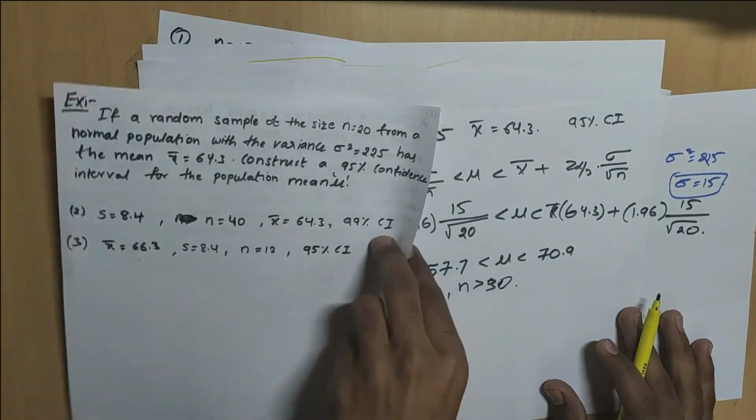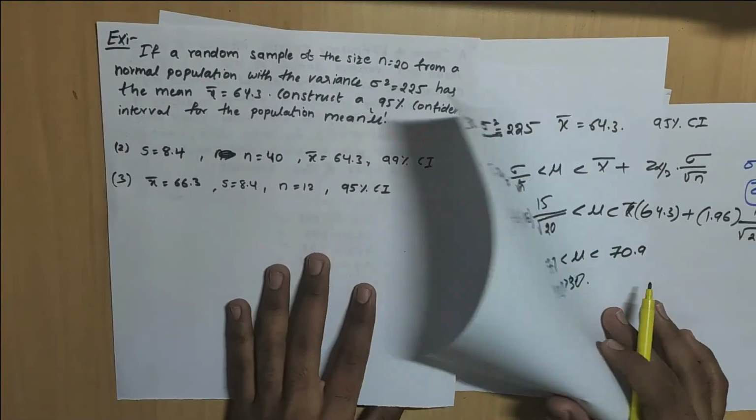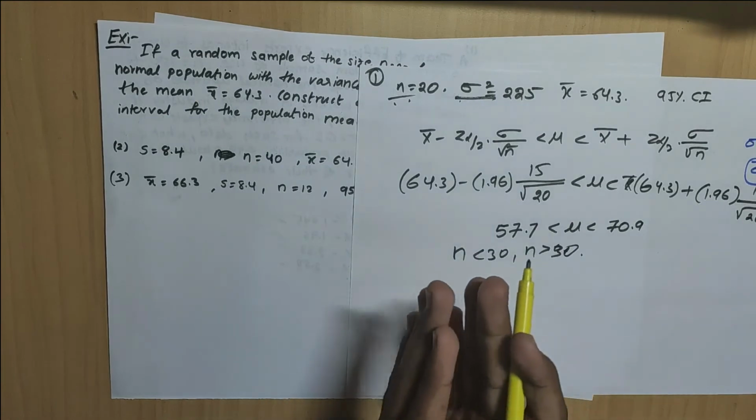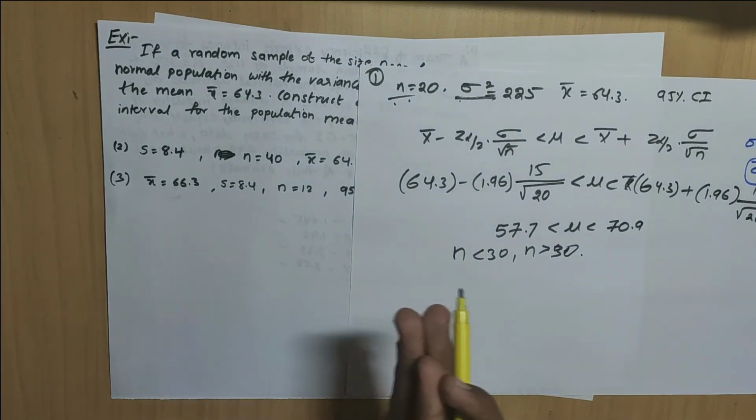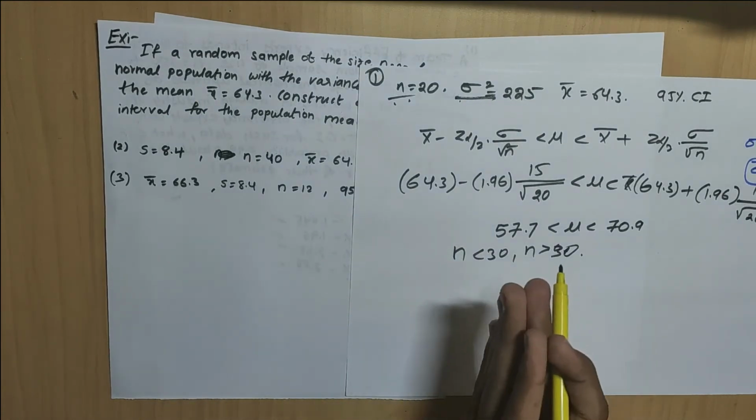Okay, so now I'm going to do the problem when sigma square is not given. When sigma square is not given, he must give s, meaning the sample standard deviation.